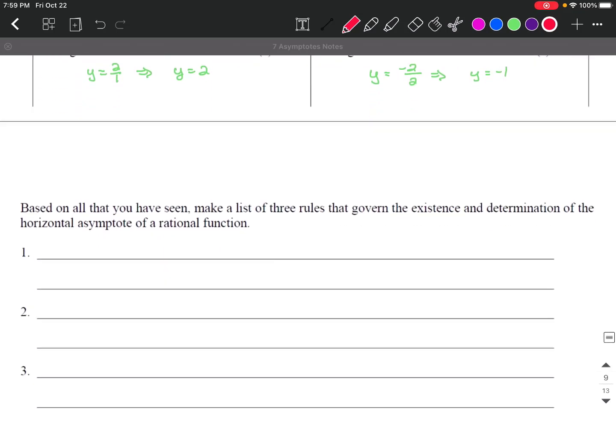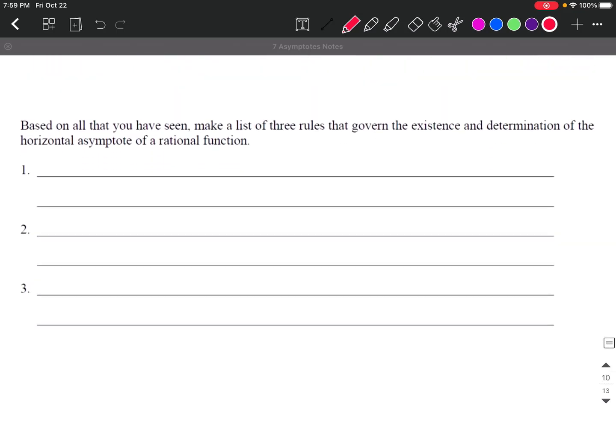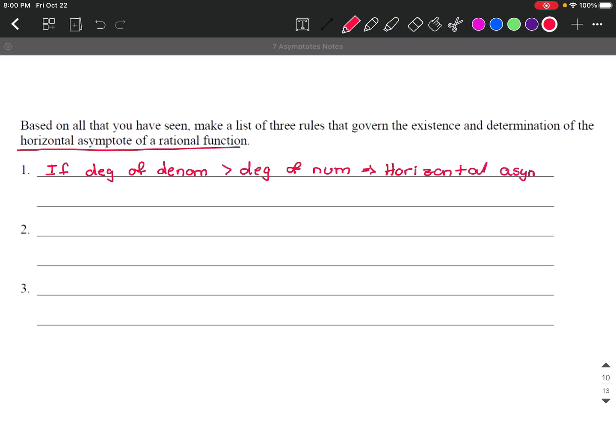All right, so let's sum up what we just learned about horizontal asymptotes for rational functions. If the degree of the denominator is greater than the degree of the numerator, so the bottom gets bigger faster, 1 over 10, 2 over 100, 3 over 1,000, that means that our horizontal asymptote is y equals 0.